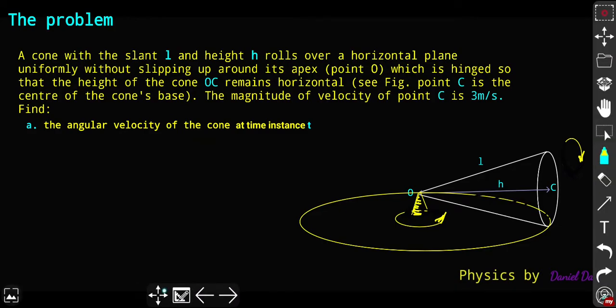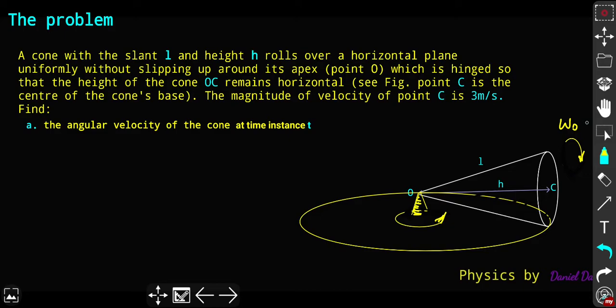Alright, so here is the right time to answer the first question about angular velocity. The complicated motion of the cone when it's rolling and spinning around point O, which is hinged here, the apex is hinged, can be decomposed into two or more simple motions. The first one I'll consider as a pure rotation with angular velocity omega 0, as if there is no rolling of the cone.